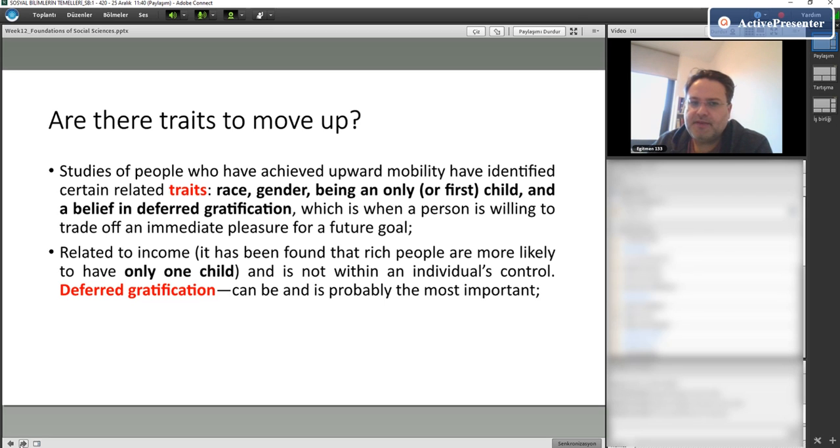Would you be able to say that if you belong to one race, you would be more successful? If you belong to one gender, you would be more or less successful? And we have seen that there are maybe two things that we could pick out. One of them is deferred gratification. Deferred gratification means, you've probably seen those YouTube videos of children.